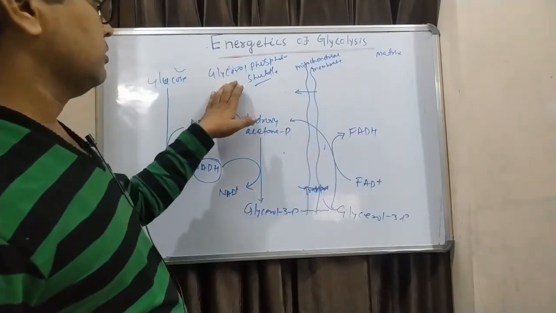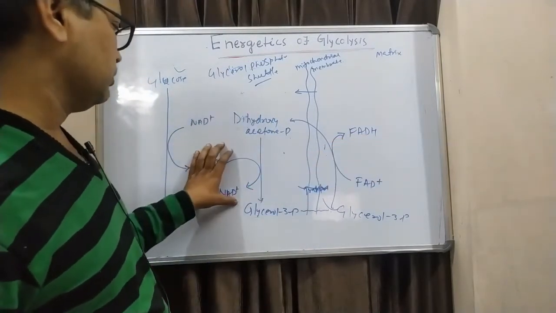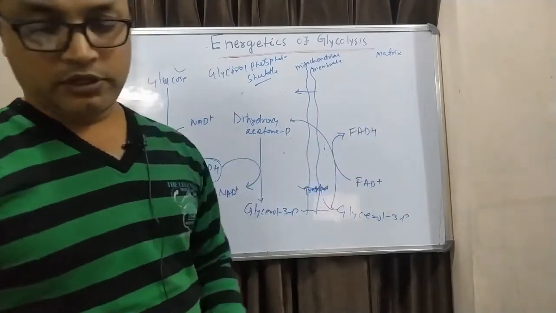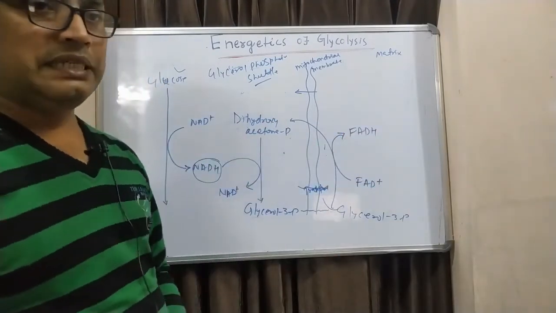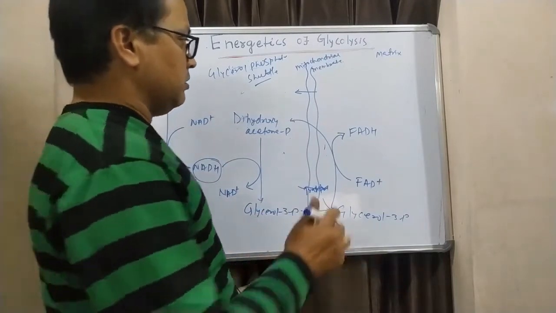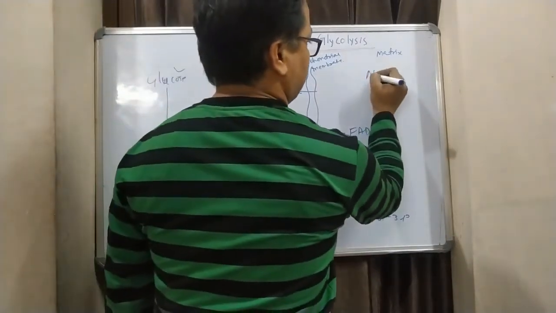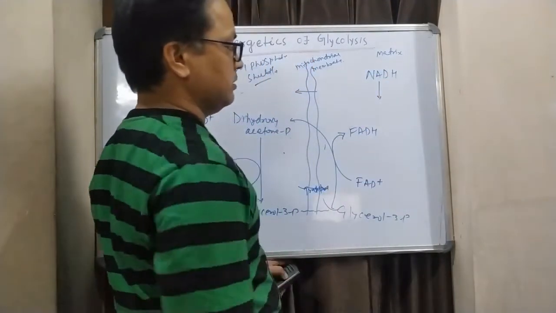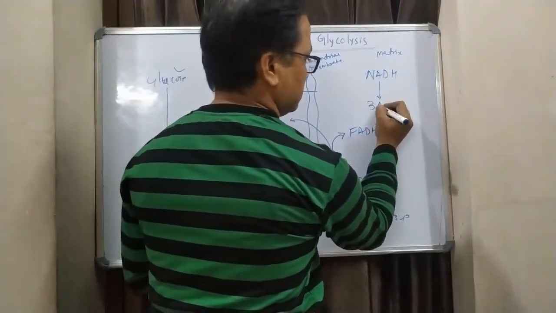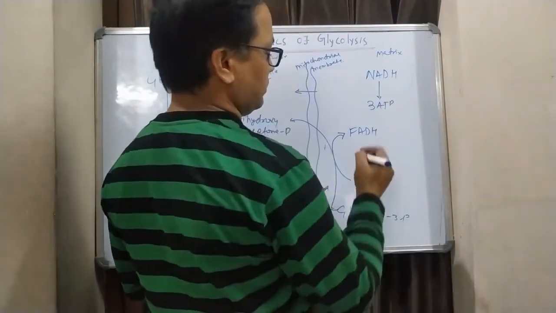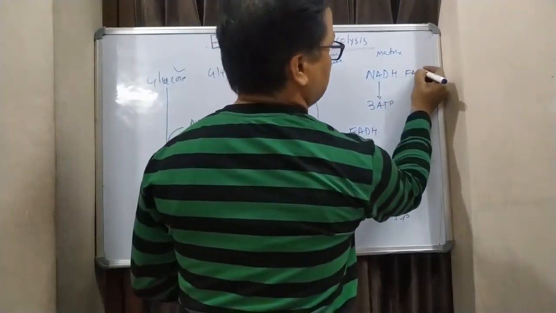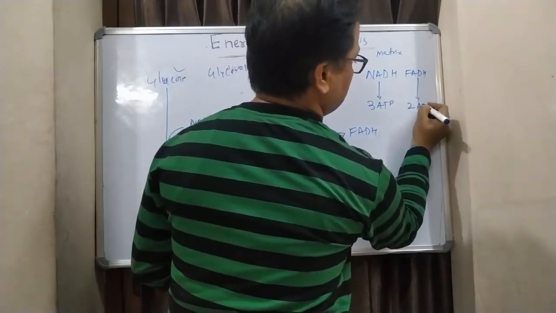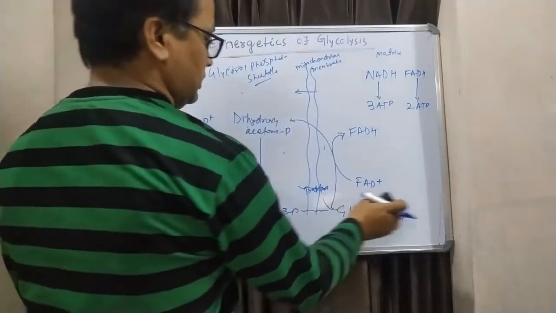But in the glycerol phosphate shuttle system we use cytoplasmic NADH, but in return we get FADH2. So there is a loss in energy. If we have NADH in oxidative phosphorylation, we get 3 ATP, but if we use FADH2, we get only 2 ATP. So here is the difference.